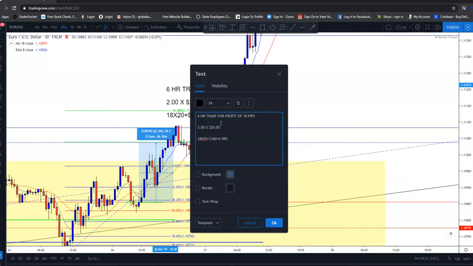So a total of a quick $300 in 6 hours, almost 400. It's not bad, because that would have probably paid for all of your swap fees and all of the commission that the broker is going to take for your long term. So that would have definitely paid for all your fees for your whole 7-day trade.